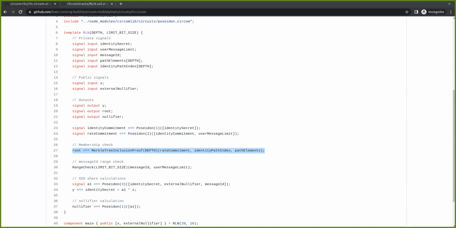Why is message ID limited to 16 bits? Because 16 bits is a big value, and we don't need really big. Why do we need 2 to the 16 value?